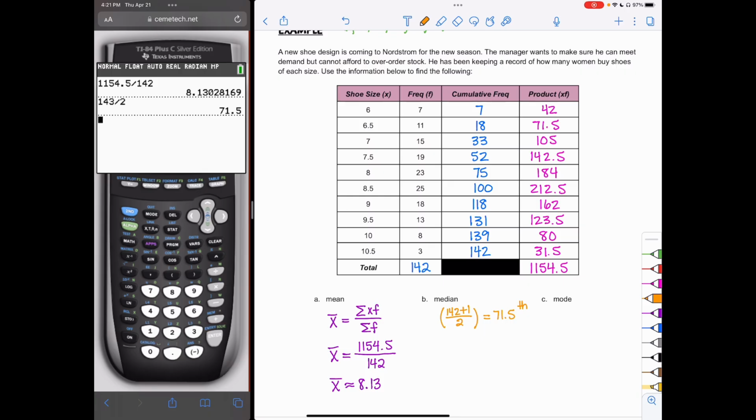So if I go to my cumulative frequency here, I already know that my cumulative frequency goes 7, then 18, then 33, then 52, so 71.5 is going to end up landing me in this area here. So my median is actually going to be 8. That's going to be the median shoe size. All right. So that's how I can tell what my median is.